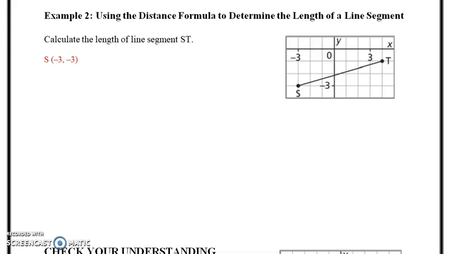That could be x1, y1, and then we have T, which is at 4 and negative 1. Okay? And like I said, underneath you want to write x1, y1, x2, y2. It's up to you. I usually do these would be x2, y2, and x1, y1.